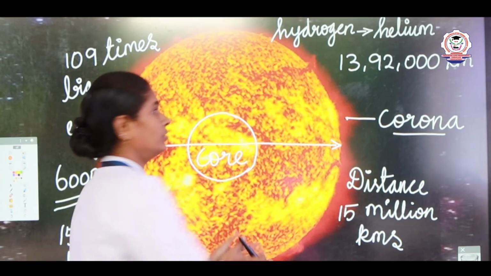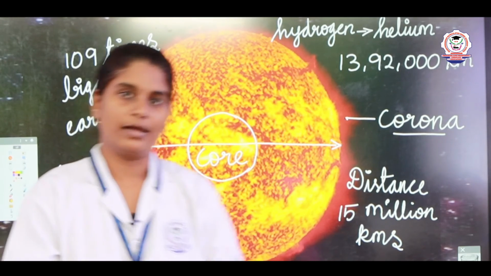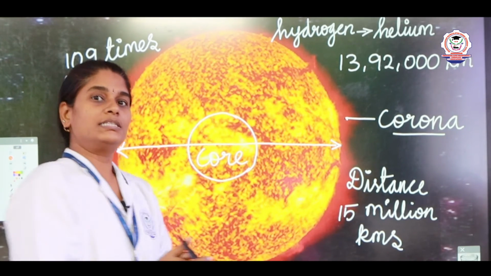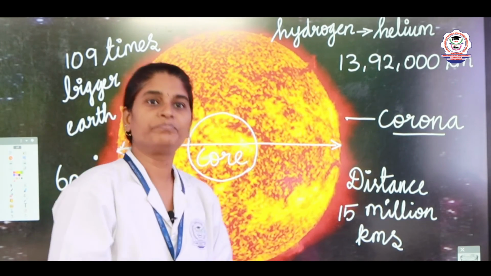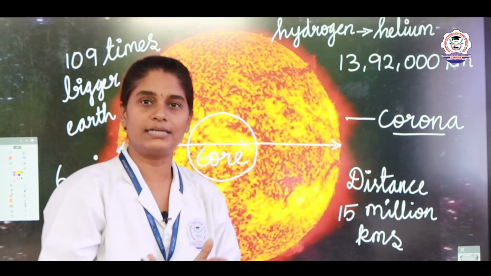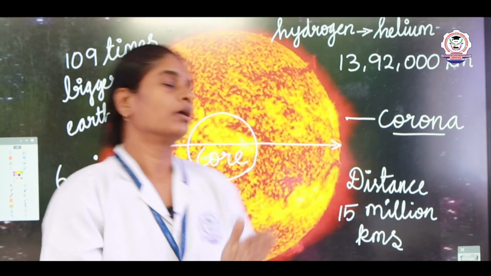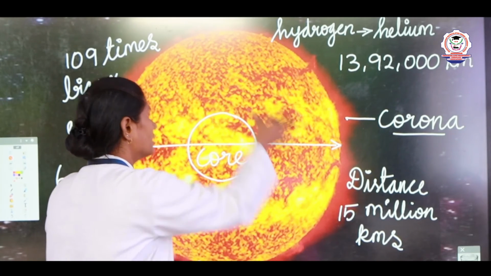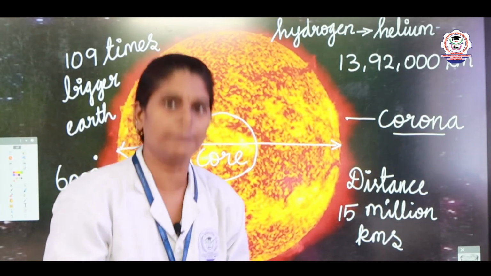Today you have learnt more about the sun. The sun is a huge ball of fire, and it is the star nearest to the earth, at the center of the solar system.